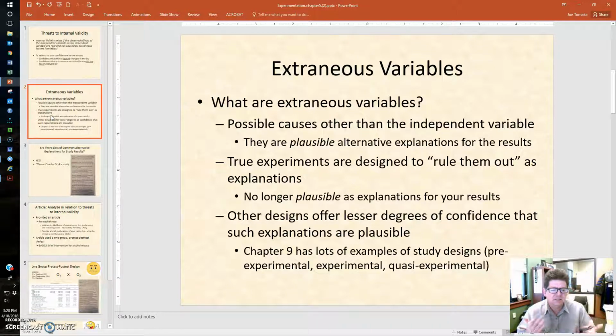And these designs do a more or less better job at ruling out these alternative explanations for the results. So, this concept of extraneous variables is perhaps not clear at this stage, kind of vague.